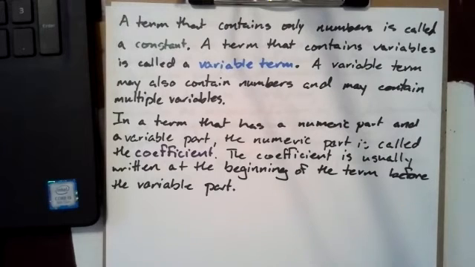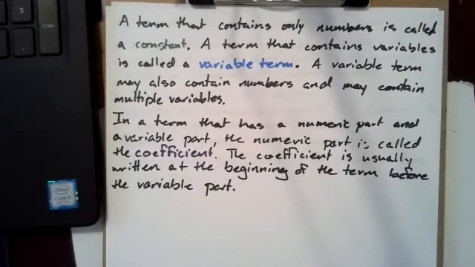I will note here that the book says that if a term has more than one variable part, all of the variables are coefficients of each other, but that is not something I've seen in any other book, and I don't believe that it is a necessary thing to go with here. I'm just going to say your coefficient should be the number that's attached to the variables.